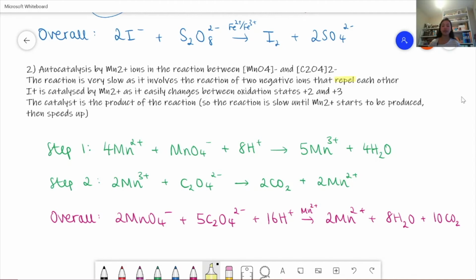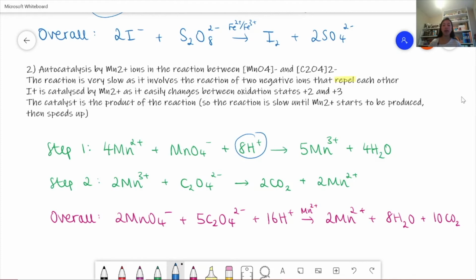So in step 1, Mn2+ reacts with MnO4- in acidic conditions to form Mn3+ and water. And then in the second step, Mn3+ reacts with the ethane dioate ions to form carbon dioxide and also to reform the catalyst Mn2+.